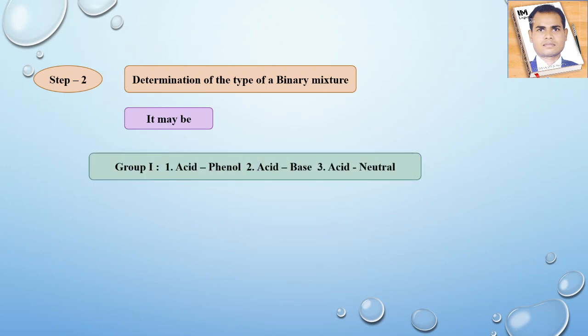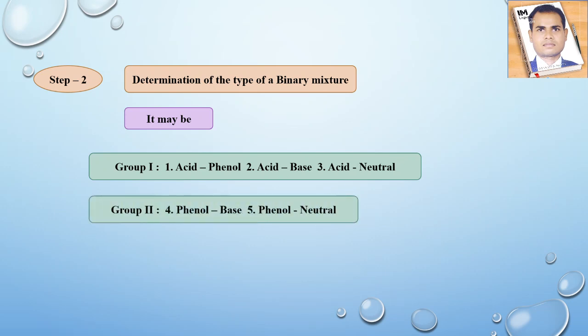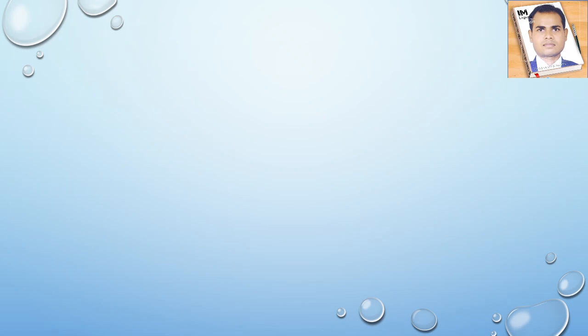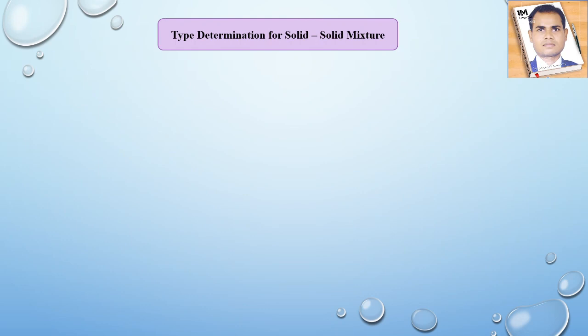It may be like this: the first group will be acid-phenol, acid-base, acid-neutral. The second group may be phenol-base or phenol-neutral. In the third group, base-neutral, and the fourth group, neutral. So in this way we can determine the type.